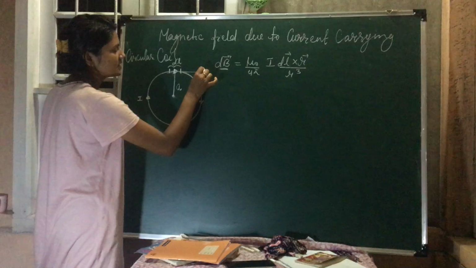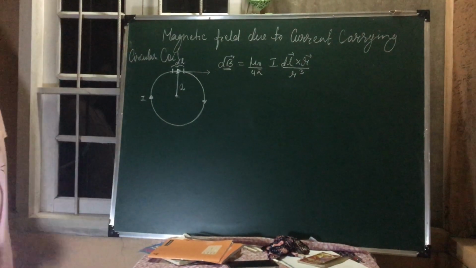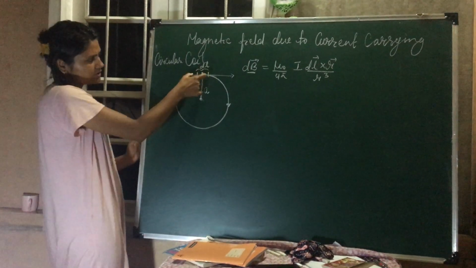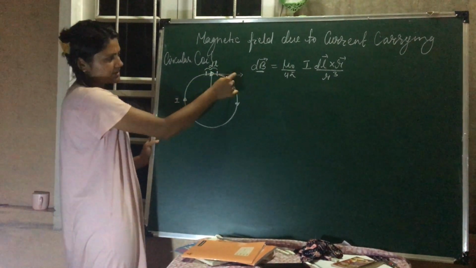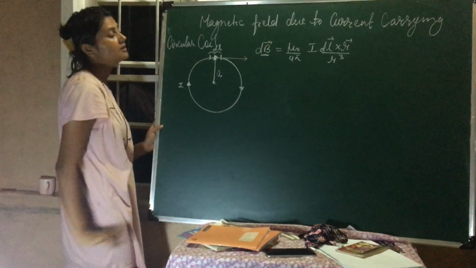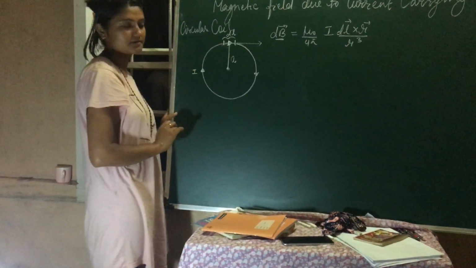The direction of dL is along the direction of current. At this point, the direction of current is like this, so the direction of dL is along here, along the current direction.